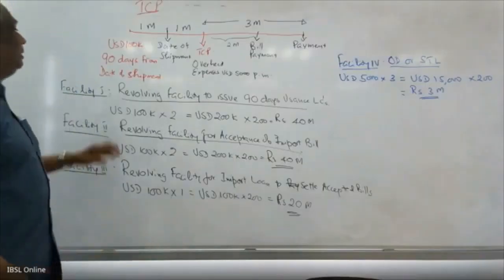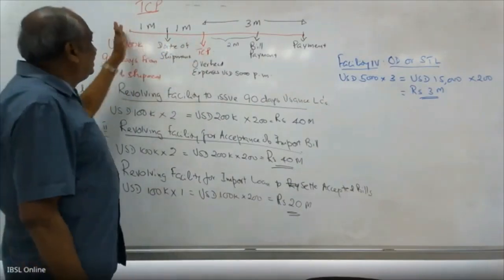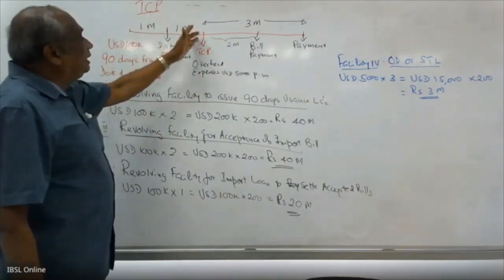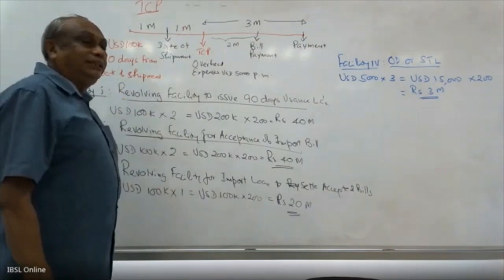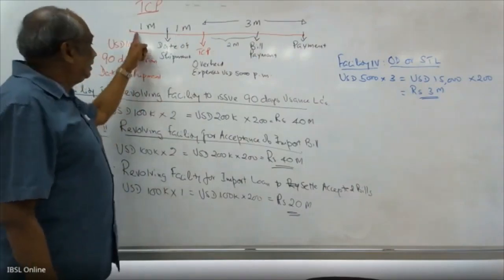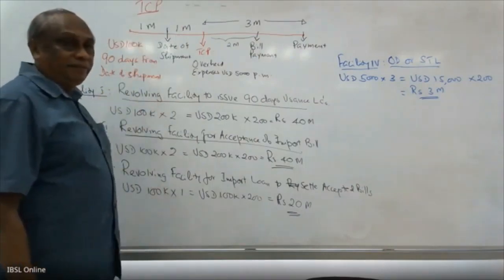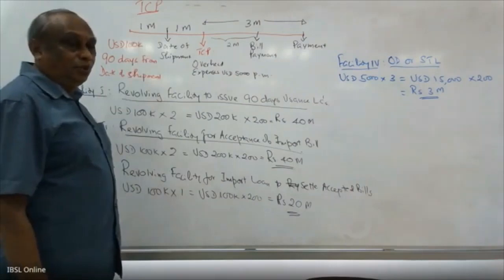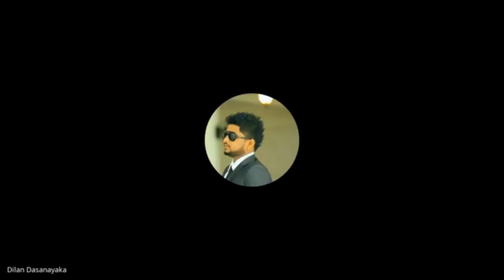The third facility, yeah. The lead time is, now when we open the LC, how long will it take for you to get the goods here? 1 month from the shipment date, sir.